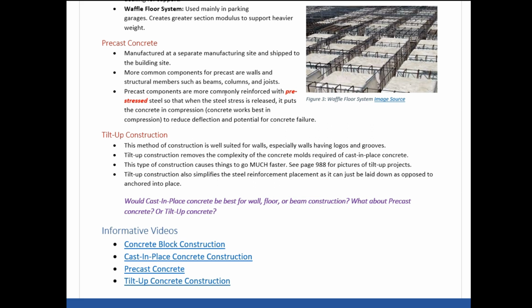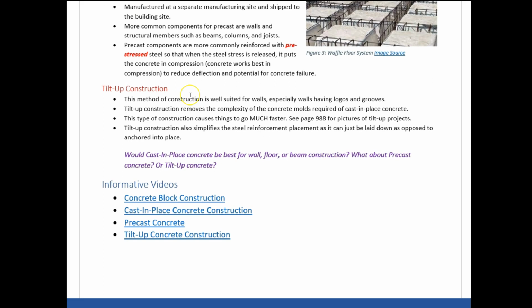So we're going to have less deflection of our structural members, and we're going to have less likelihood of failure of our concrete members. So that's the big advantage of precast concrete, and it works very well for beams and columns. They can just be shipped to the building site and assembled right then and there.